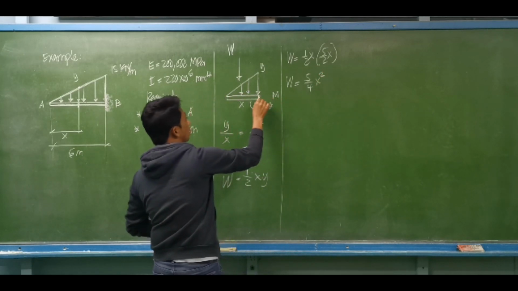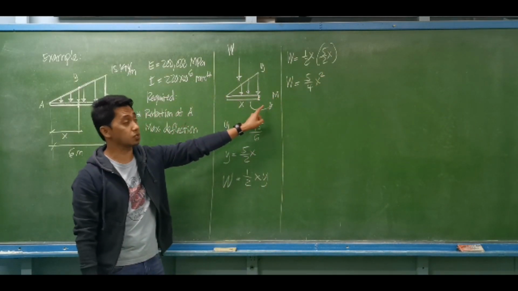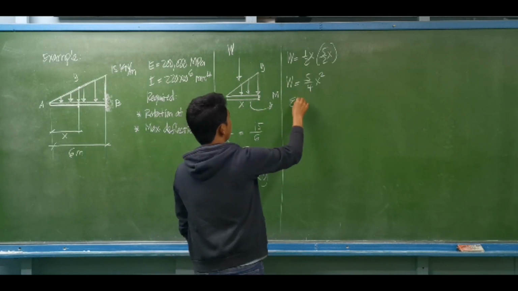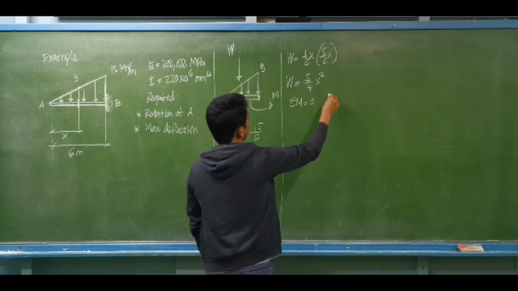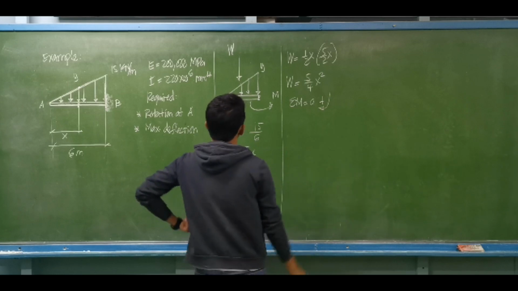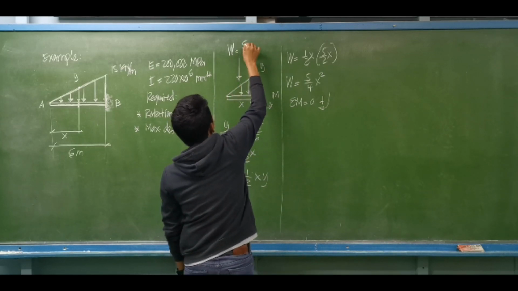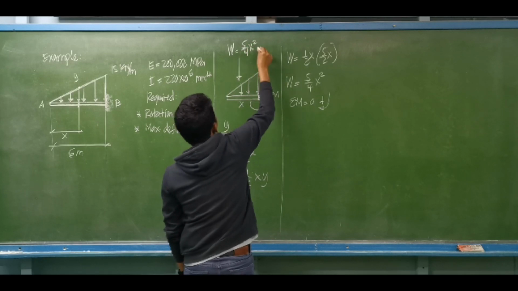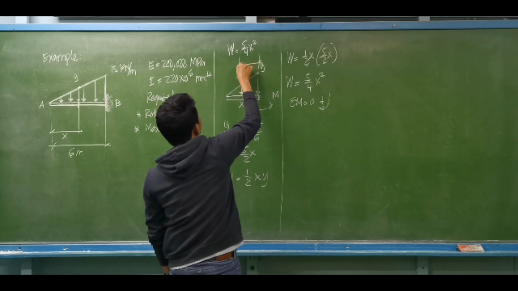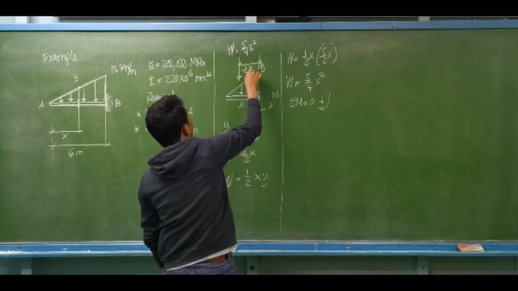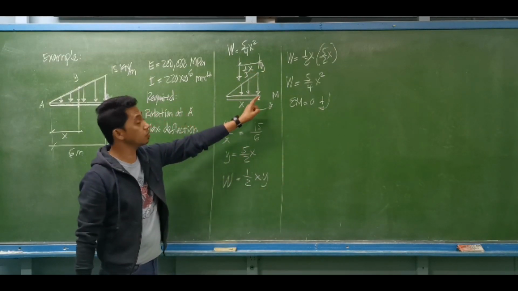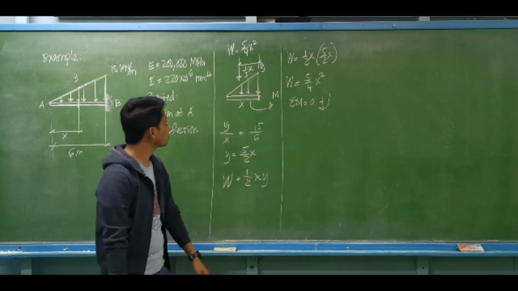Now we do summation of moment about this cut section. Summation of moment equals 0, with clockwise moments positive. The equivalent weight 5 over 4 of x squared is at a distance of 1/3 of x from the cut section.